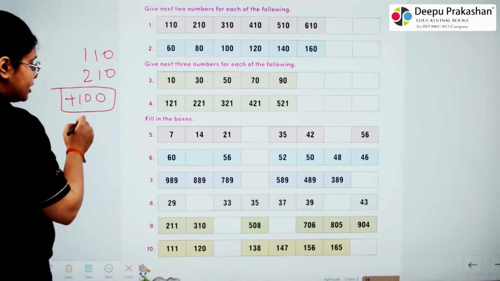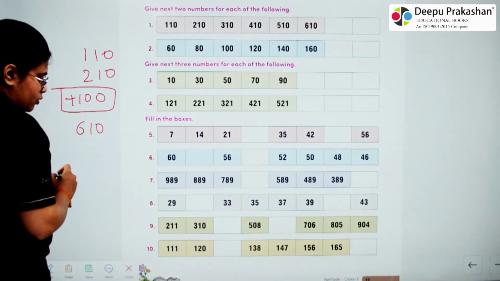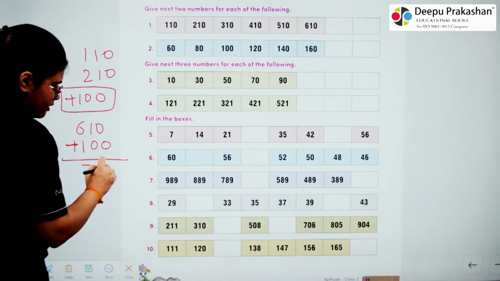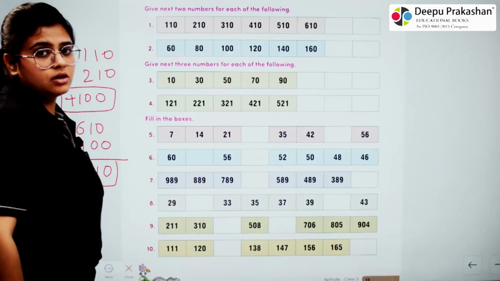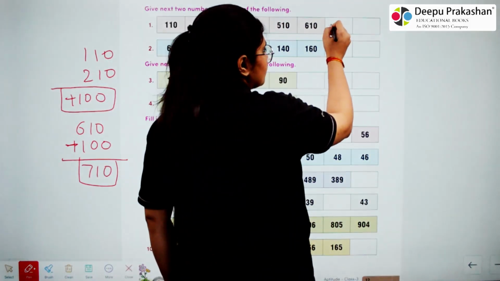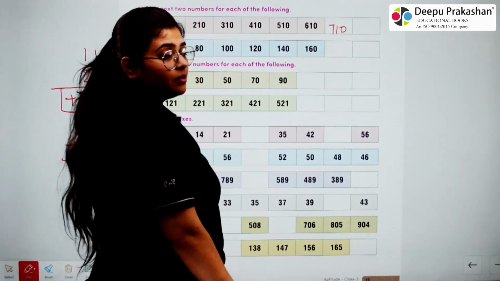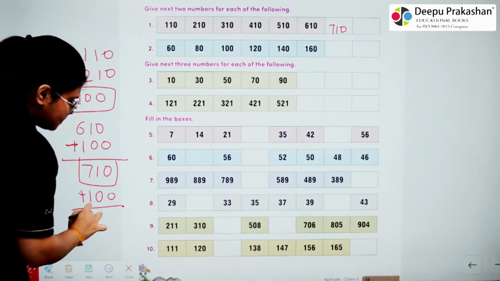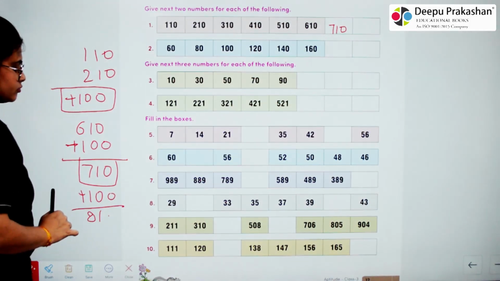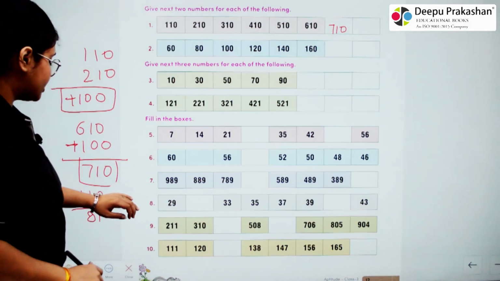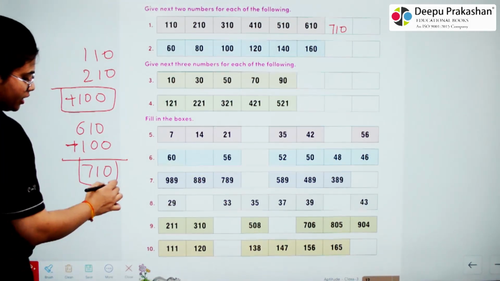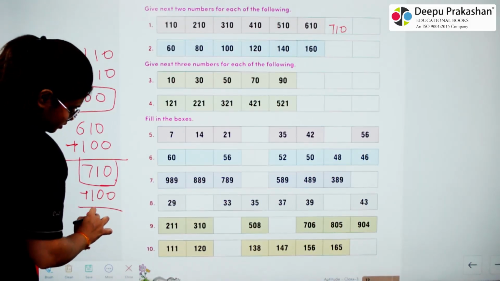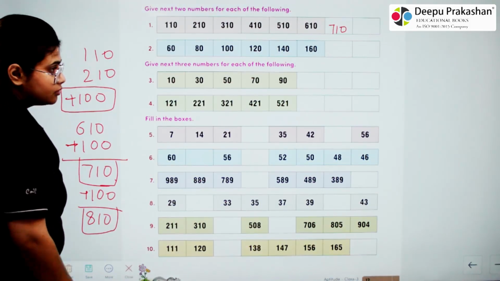So to find the number that will come after 610, we need to add 100 to it and the number will be 710. Okay? And the number that will come after 710 will be 810.